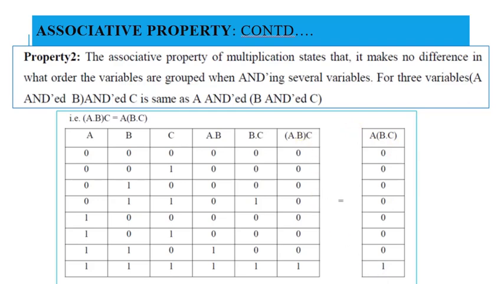So it is very clear that A dot B multiplied with C is equal to A multiplied with B dot C. So from the associative property we have understood that whether you are ANDing or ORing, the order of grouping is not important. What is important is that the result remains the same irrespective of the grouping.